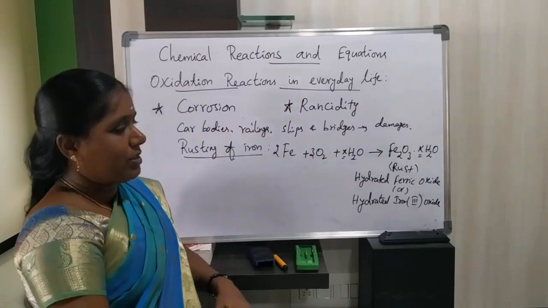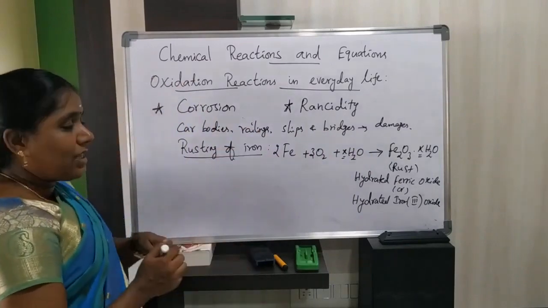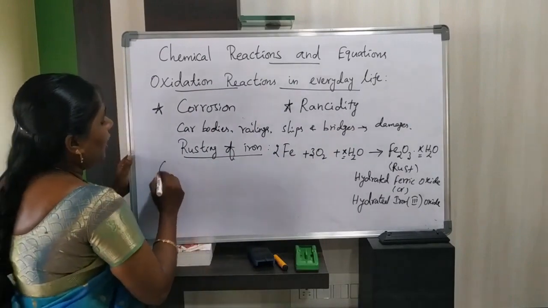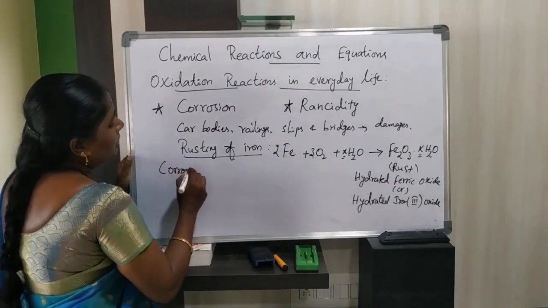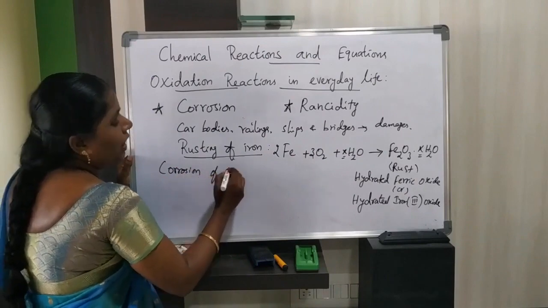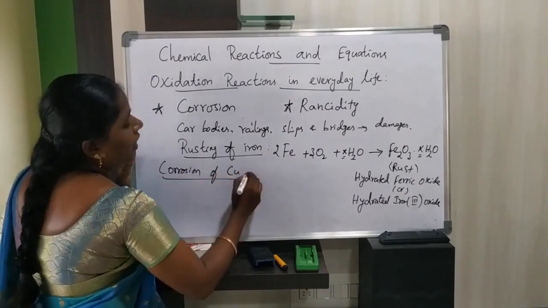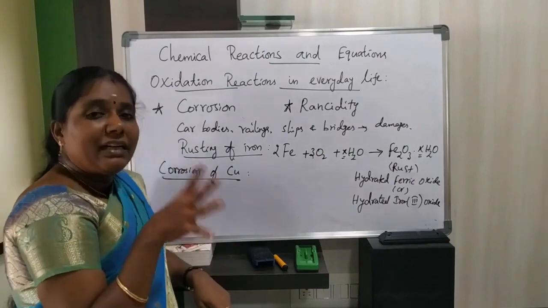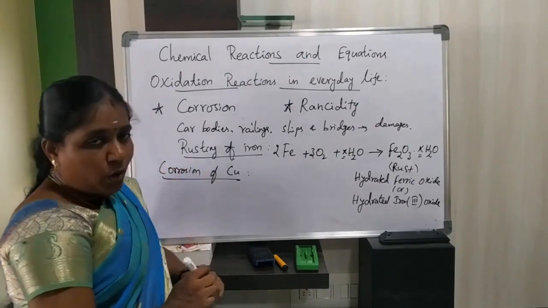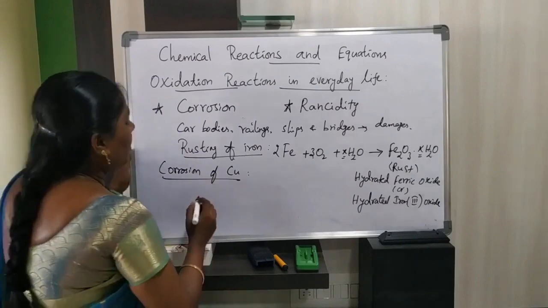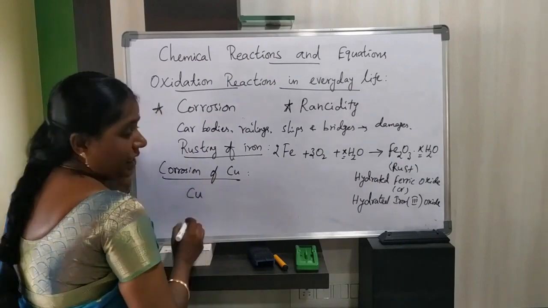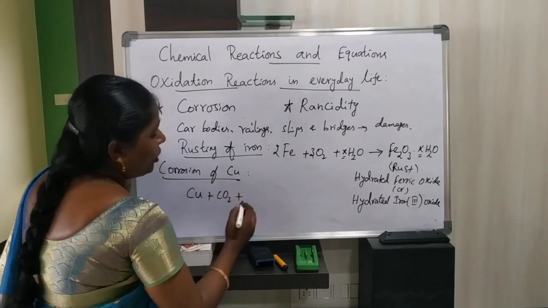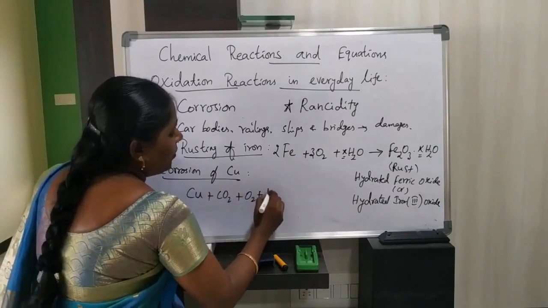So the next example we are going to discuss is corrosion of copper metal. How do copper metals get corroded? Generally, in the atmosphere, if we leave copper, it reacts with carbon dioxide and the moisture present in our atmosphere.